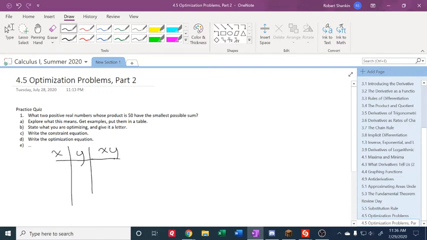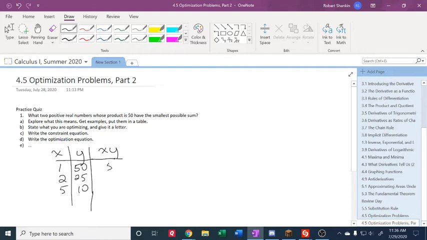Okay, so I'm going to interrupt you now, and the first part of examples, if I put my numbers really far apart, if I get them closer together, these had to be such that they multiplied to be 50.